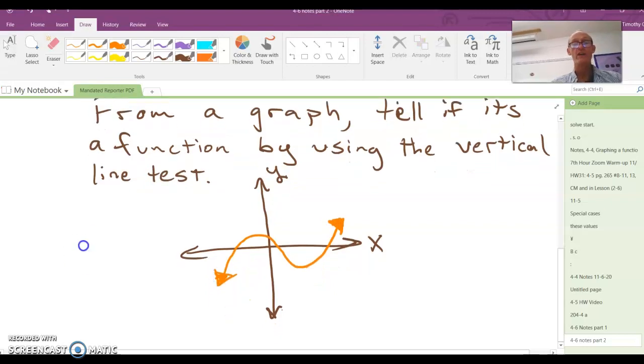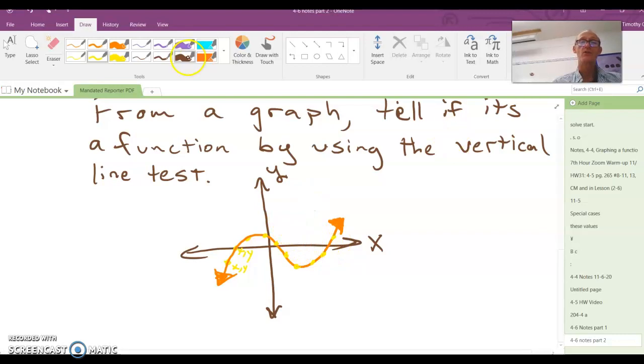Now, each one of these points along this line has an x and a y. So there's an xy here, there's an xy here, and so on.